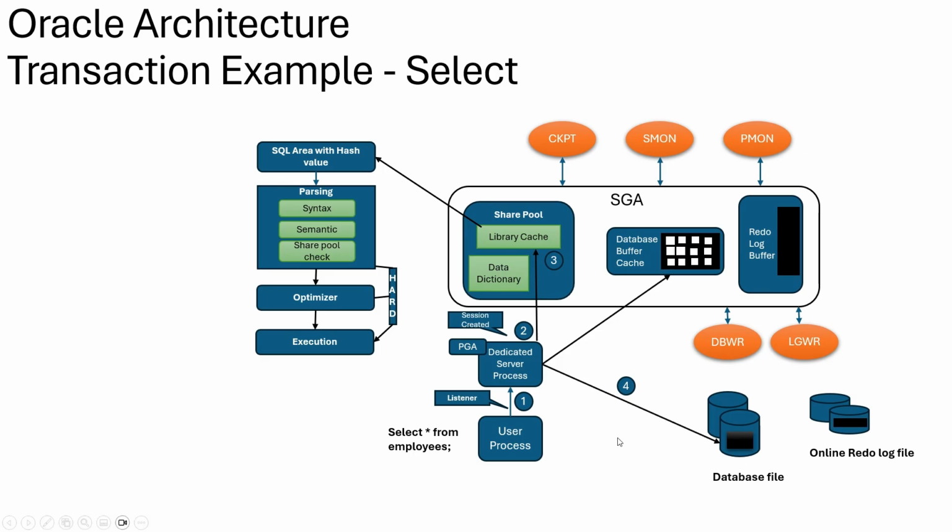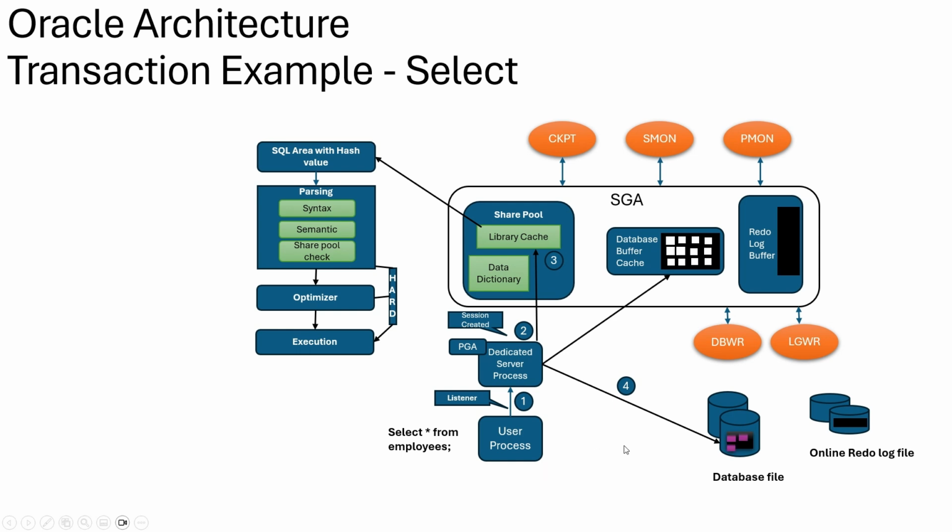So the next step, I don't have database blocks available in the buffer cache, then it goes back to the database files. It reads the data, whatever the SQL select query, like employee, is asking for.